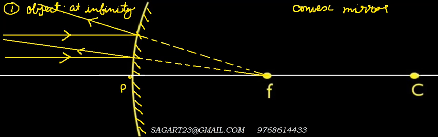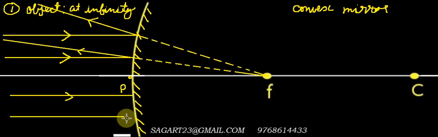Now we do the same thing for two more rays down. So these are other incident rays. Now what if the ray is coming like this, which is along the center of curvature along the principal axis?